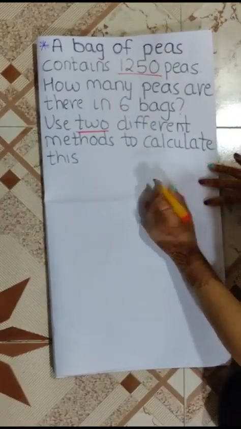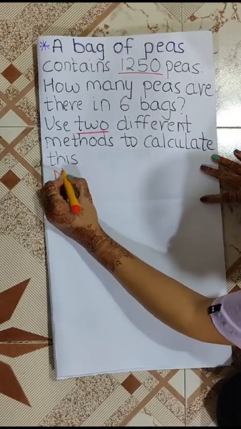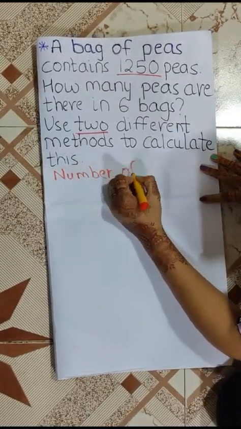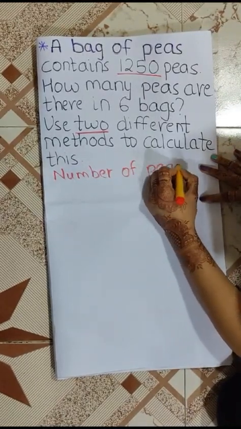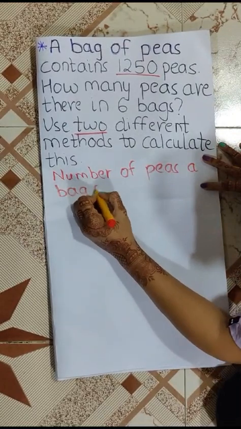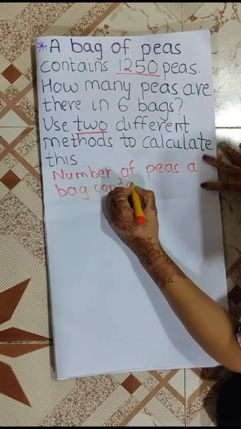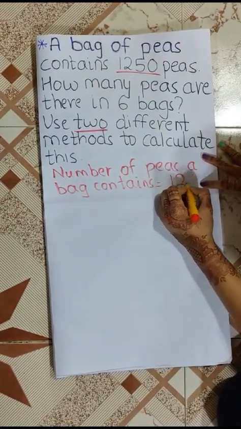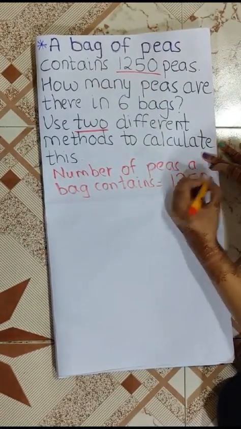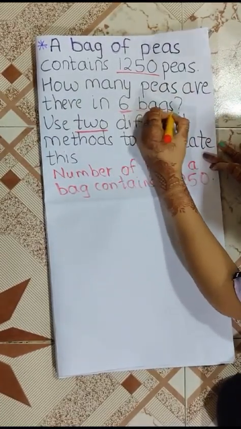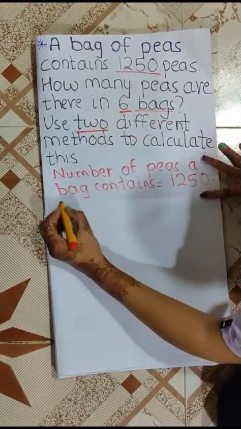Therefore, I will have my first statement as number of peas a bag contains. So the number of peas that each bag has is 1250. Then it says how many peas are there in 6 bags. How many bags we have is 6.